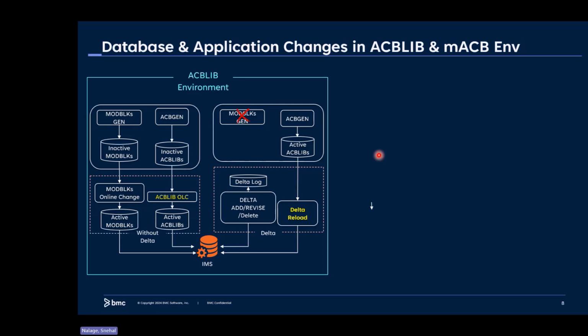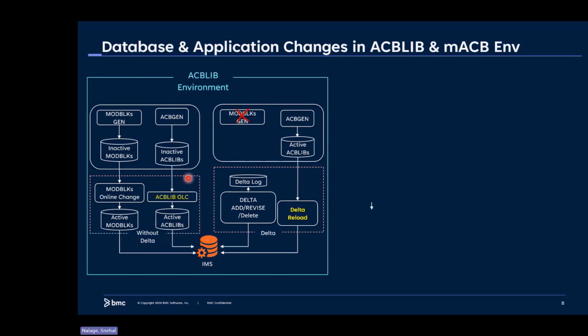This diagram depicts the ACB lib environment, and on the left here, you can see how the directory definitions for databases and applications, along with the transactions and the routing codes, are created or defined to the IMS using the MODBLKS. We perform the MODBLKS gen, and then you can use the MODBLKS in online change to activate those changes to the IMS when you are not using Delta.